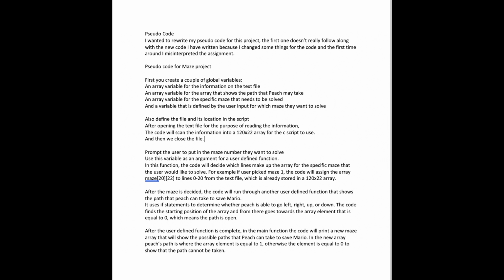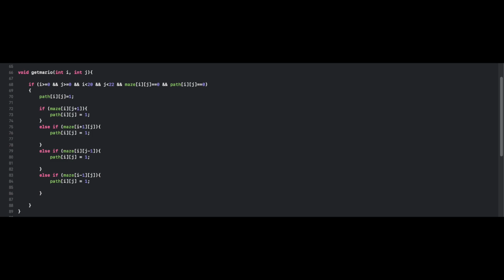After the maze is decided, the code will then go through another user-defined function. In this function, the code will determine the path that Peach will take to reach Mario, using if statements. So, if the element is equal to 0, then it is safe to go that way. In the code, you can see the user-defined function getMario.